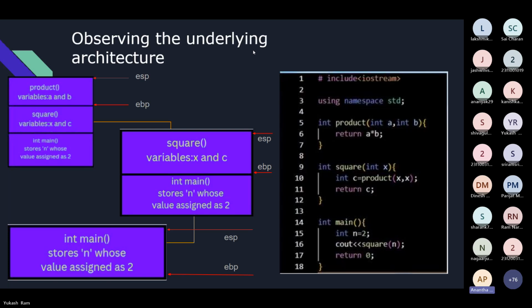This is what I was telling. If you see the code on the right hand side, within the main function we are calling the square function, and within the square function there is again a product function. How this works in the stack is, initially there is the main function, and it'll have its base pointer and stack pointer, and when it reaches square, it creates another stack frame on top of that, and the base pointer is changed to there, and the stack pointer is also changed.